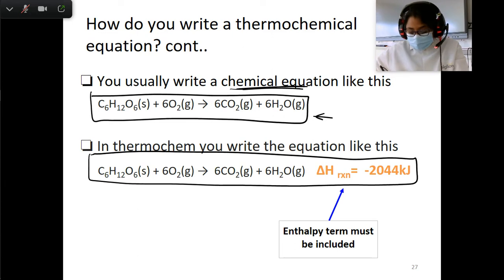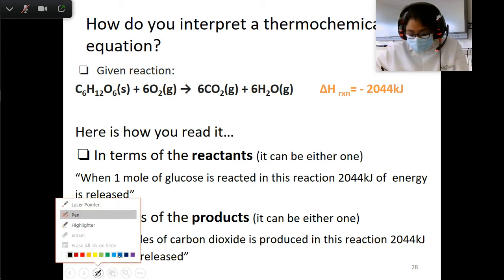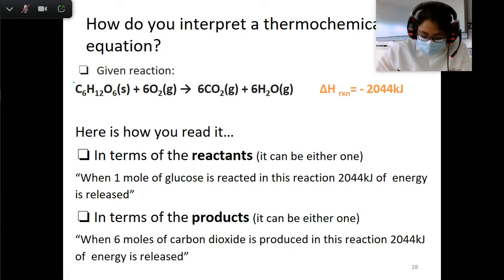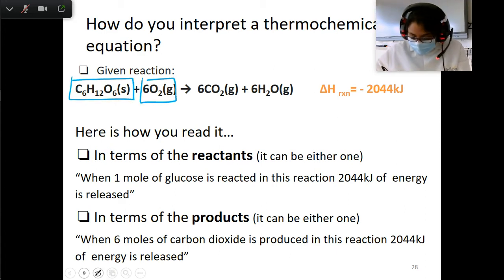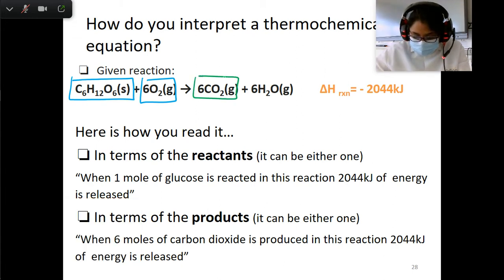Now, I'm going to teach you how to read this. You can read this thermochemical equation in terms of all of the reactants and products that are present. I will make the reactants blue and the products green.